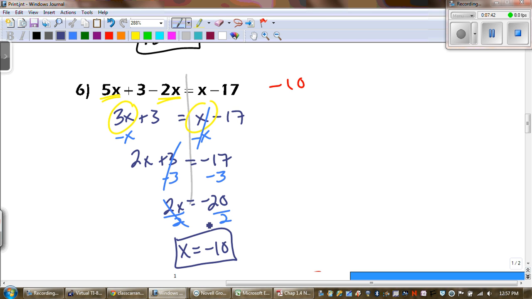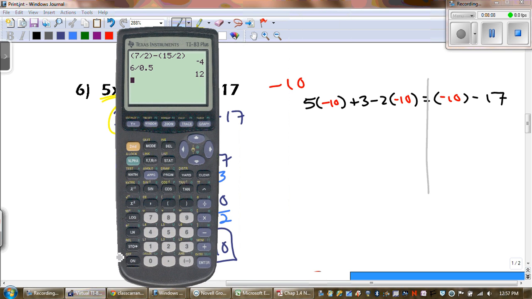Okay, and now, once again, just like we did at number 2, let's check to see if we got this right. We take the original problem, and everywhere there's an x, that's where we're going to plug in -10.